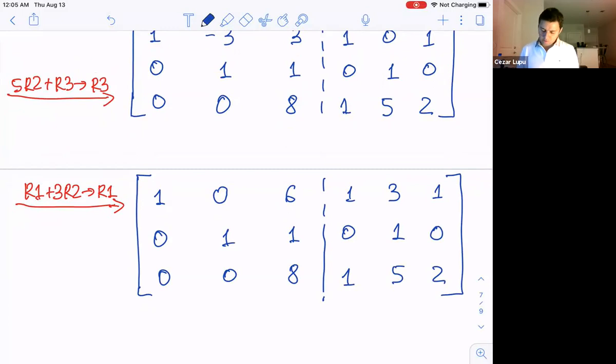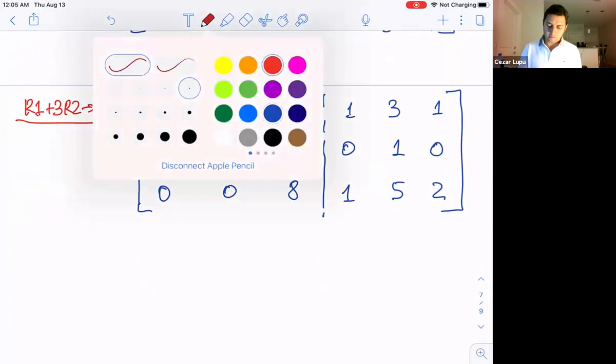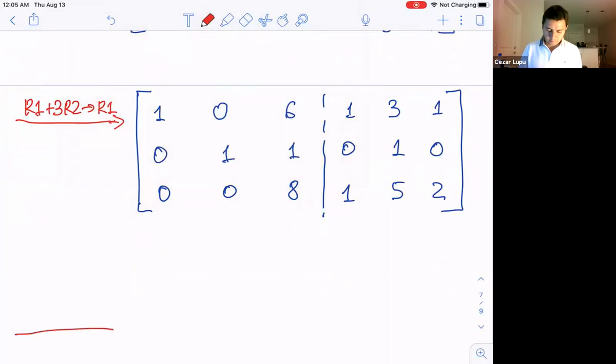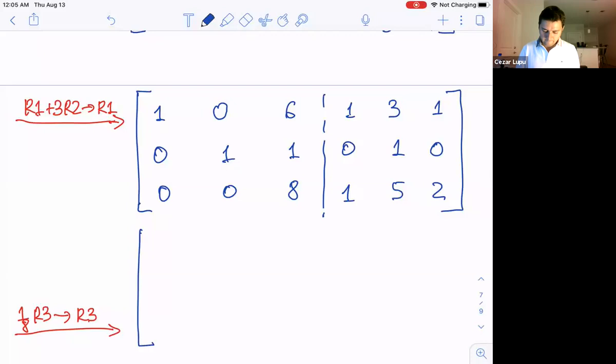Let's look at the third row, and we have this 8 here. And I'm going to multiply by 1 over 8. 1 over 8 R3 will be my new R3, and we'll get the following matrix.